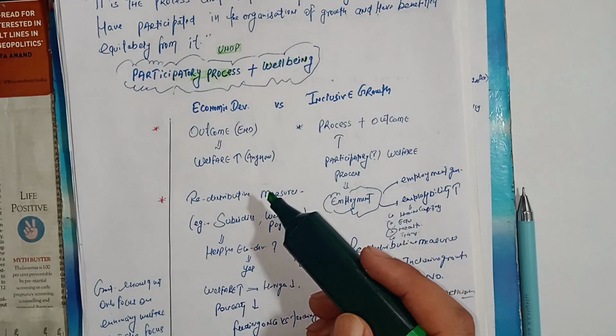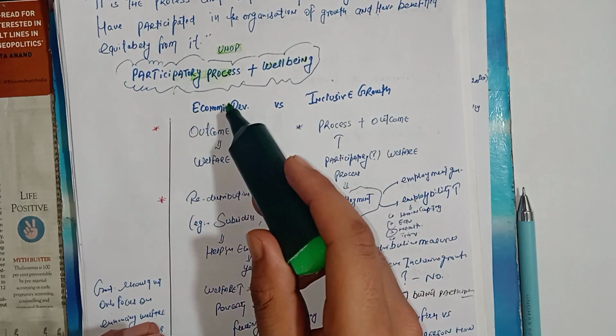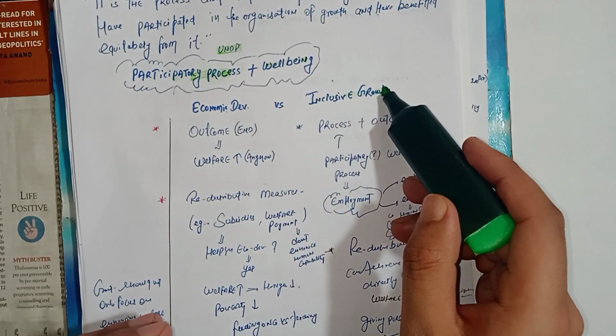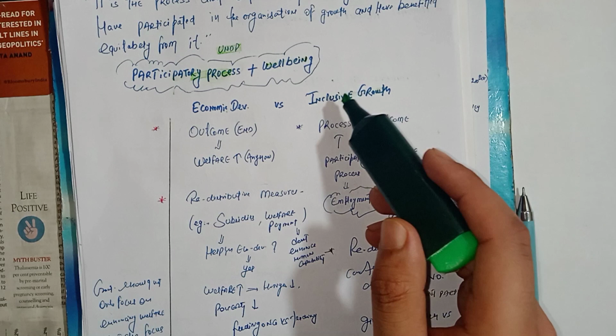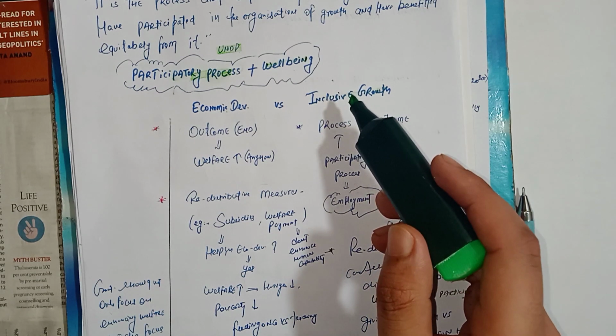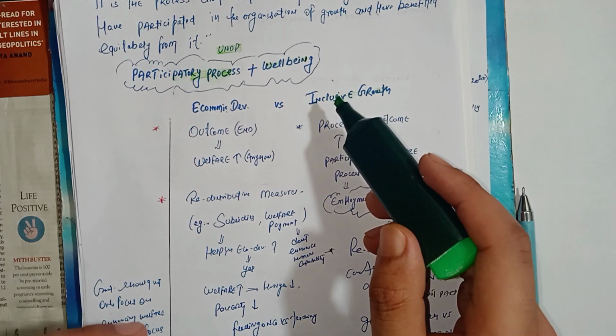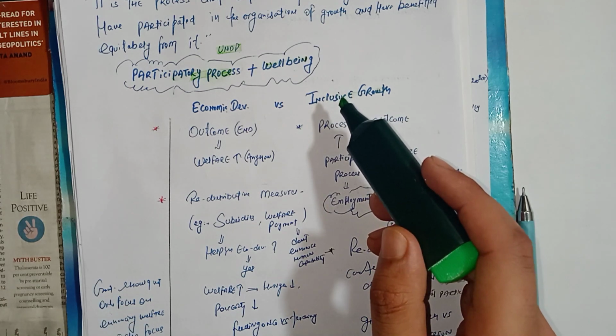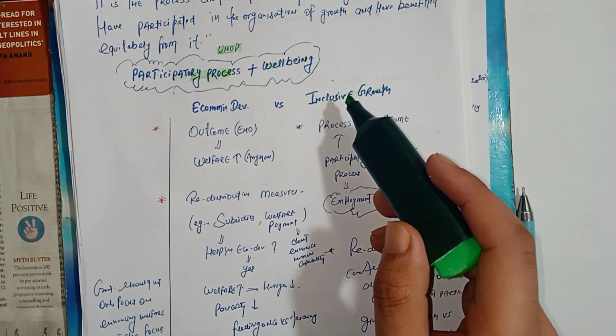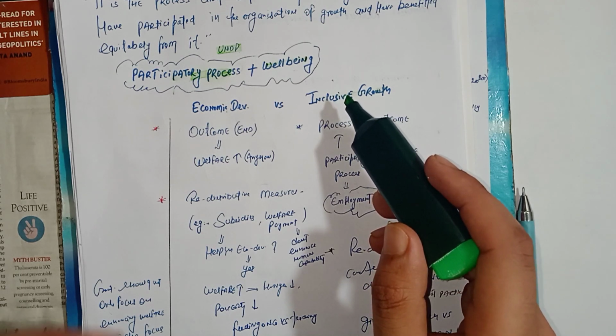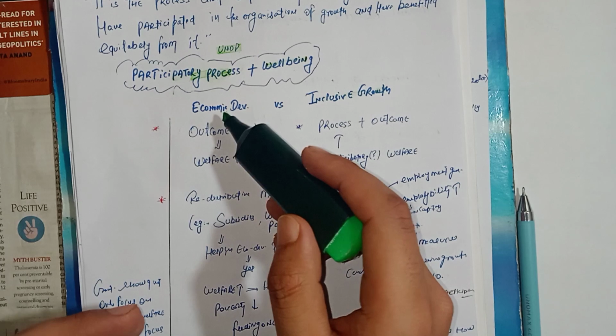Now, what's the difference between economic development versus inclusive growth? Economic development is the process of economic growth accompanied by progressive change in the socio-economic structure of the economy. Socio-economic structures means education, health, roads, and these kinds of things.